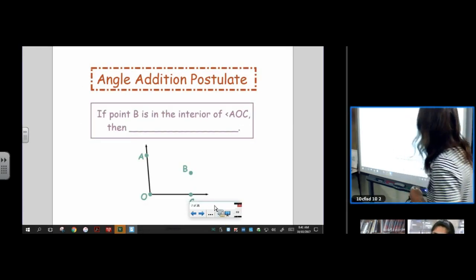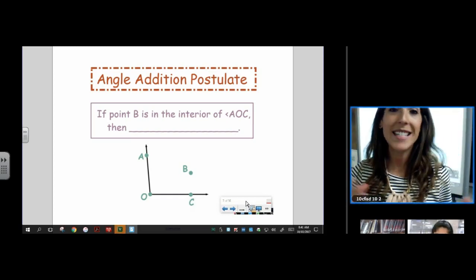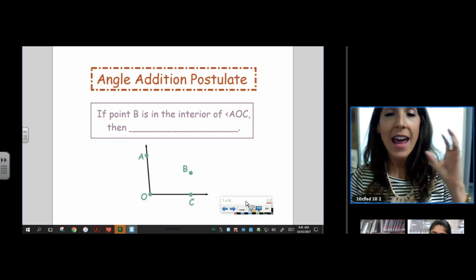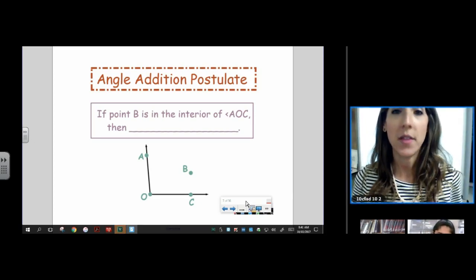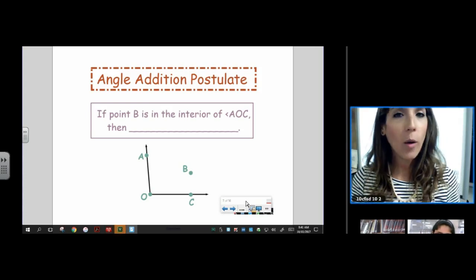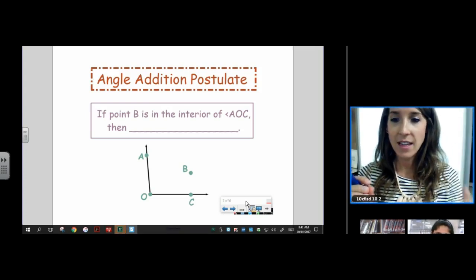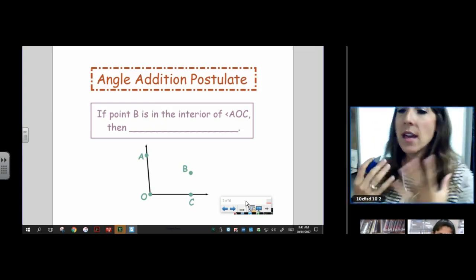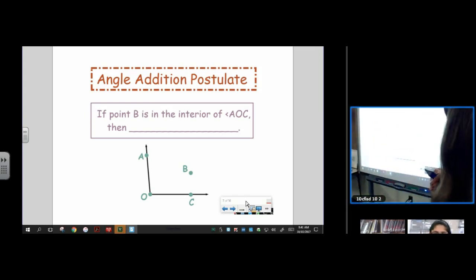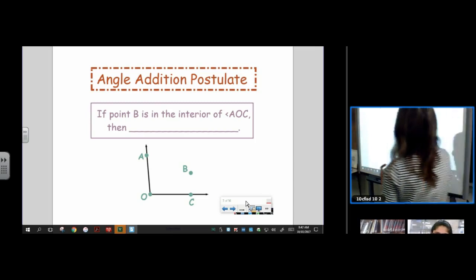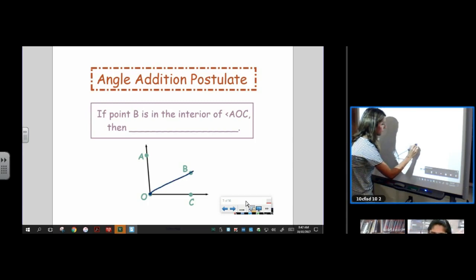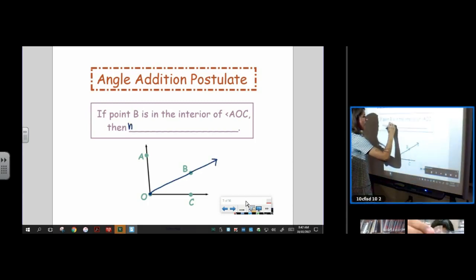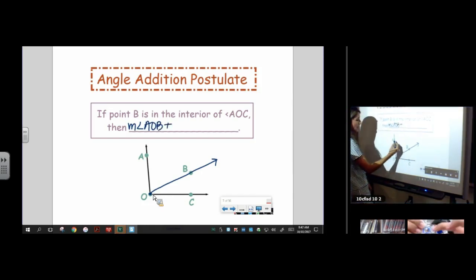So instead of saying, if these points are collinear, we're going to say, if point B is in the interior of angle AOC, so that's our hypothesis. This postulate will not work if the point is not in the interior of the angle. So if point B lies in the interior of angle AOC, then, let's take this and make a ray out of it. Then the measure of angle AOB, you see that?